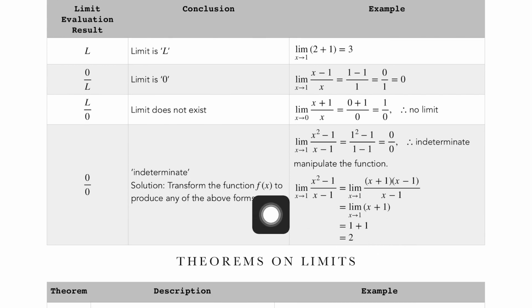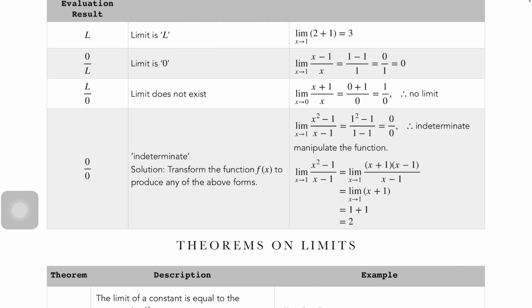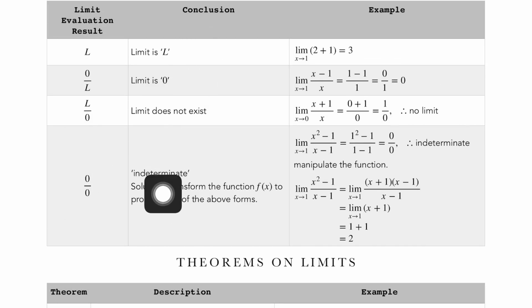Determining f of 1 in this resulting limit expression, we have 1 plus 1, so the limit of x squared minus 1 over x minus 1 as x approaches 1 is equal to 2. This is the summary of the limit evaluation results and the conclusion for each result.